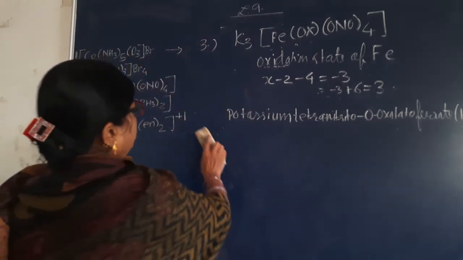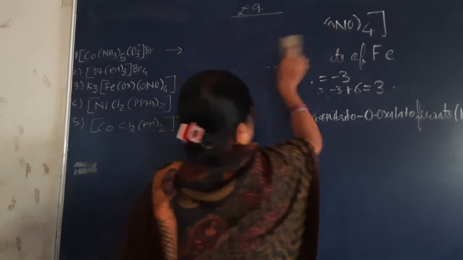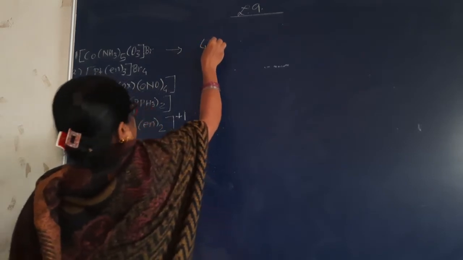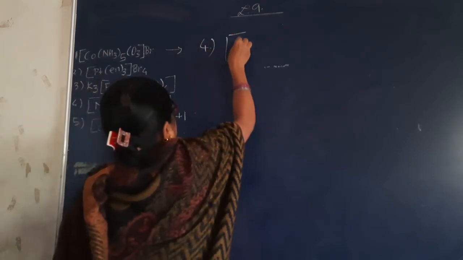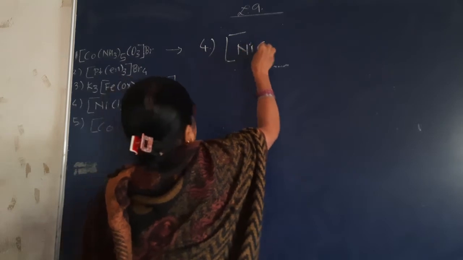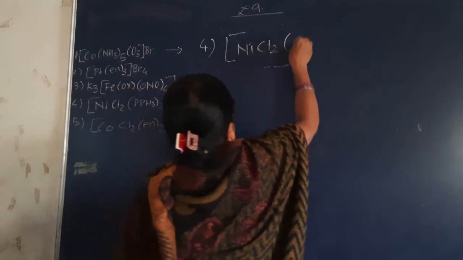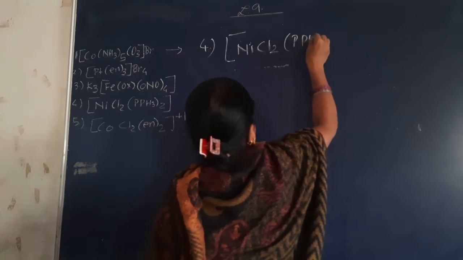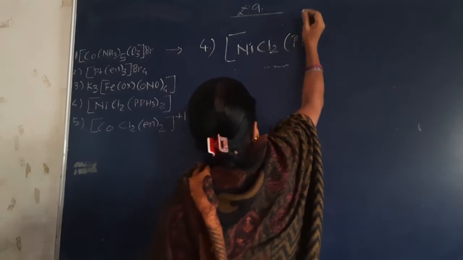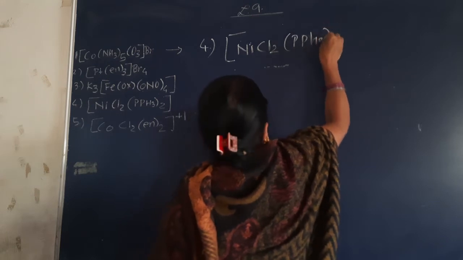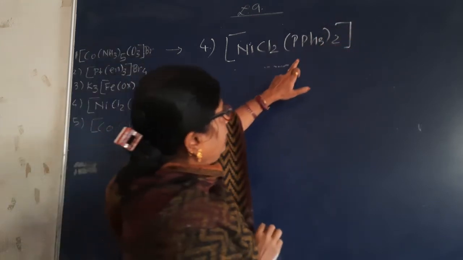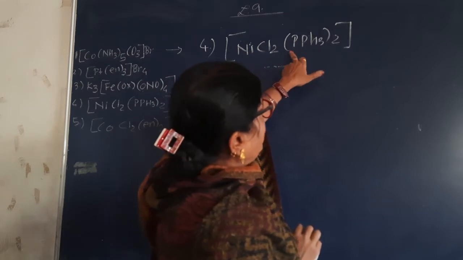Next we will write down the fourth one, NiCl2(PPh3)2.